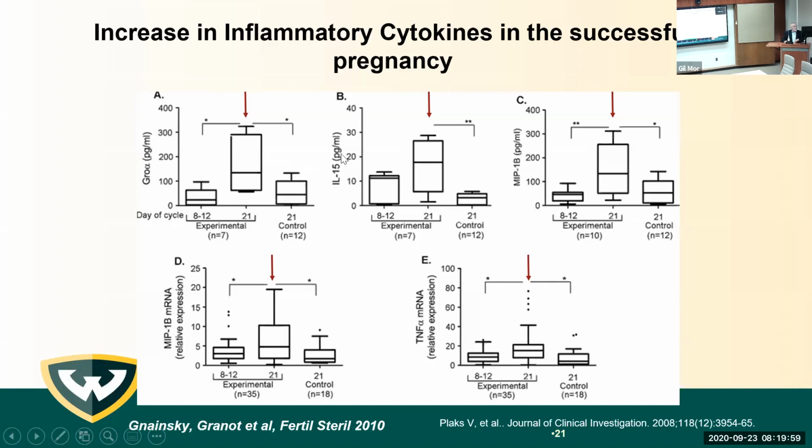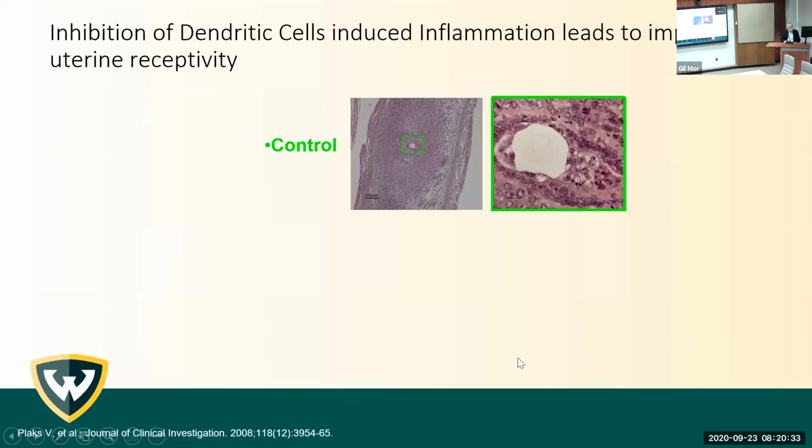You heard yesterday about IL-15 and NK cells, MIP-1 beta, and also the messenger. This is the protein concentration; for the RNA, there is an increase in MIP-1 beta RNA, an increase in TNF alpha, and other ones that I will discuss a little later. None of those cytokines changed when we took the first biopsy in patients, even at day 21, who never had a biopsy before. So clearly, that wound was able to induce an inflammatory process.